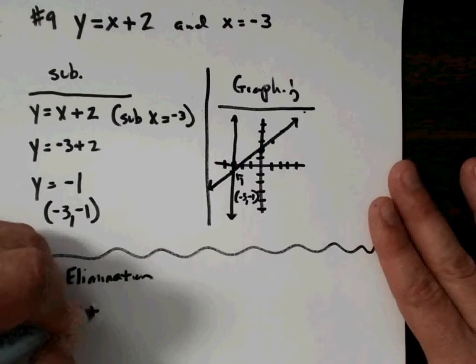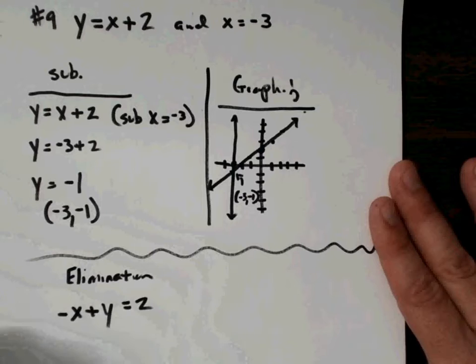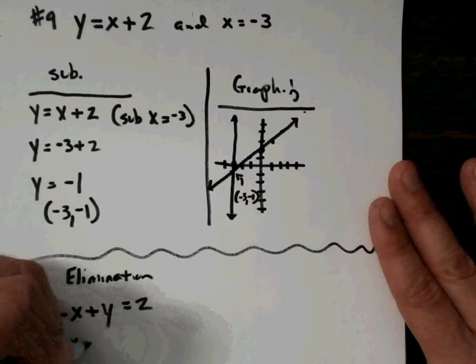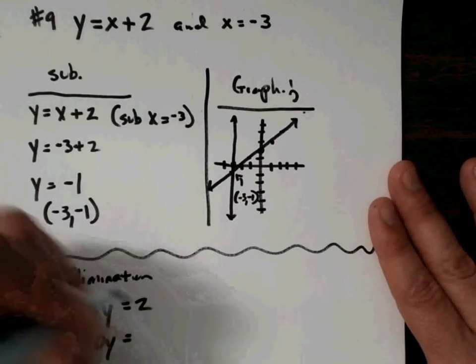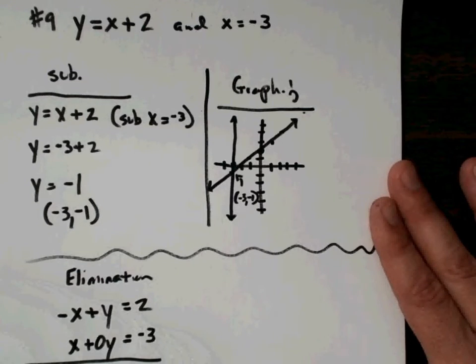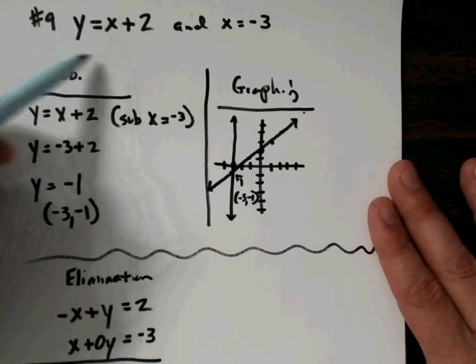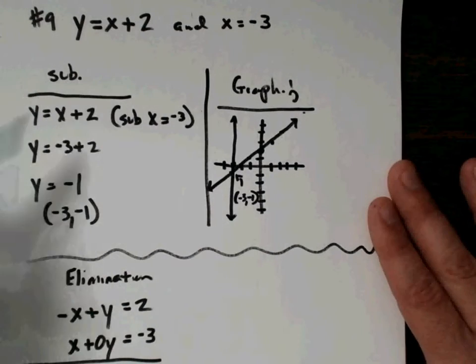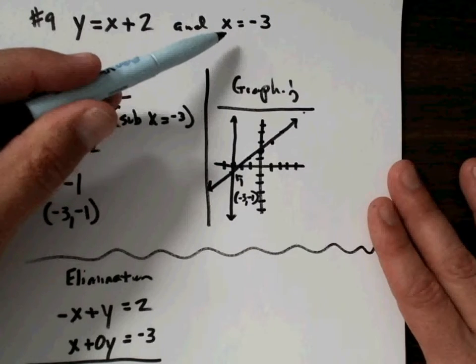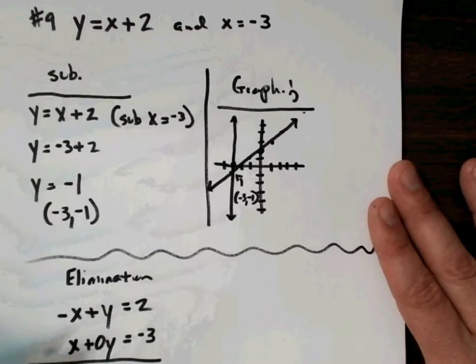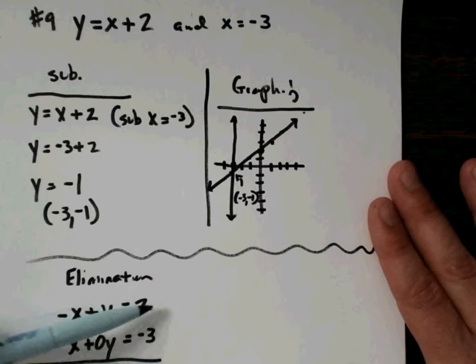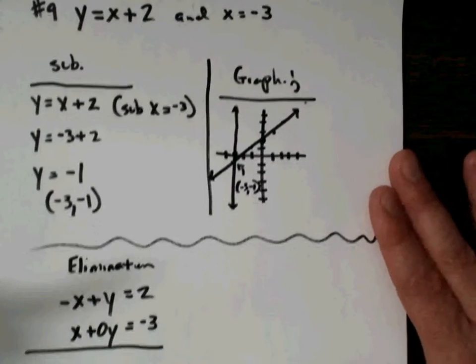So it's going to be -x plus y equals 2, and the other one is going to be x plus 0y equals -3. I just moved the x to the other side to get my -x. And this one, since the y is not there, I know its coefficient has to be 0. And I wrote it in ax plus by equals c standard form.